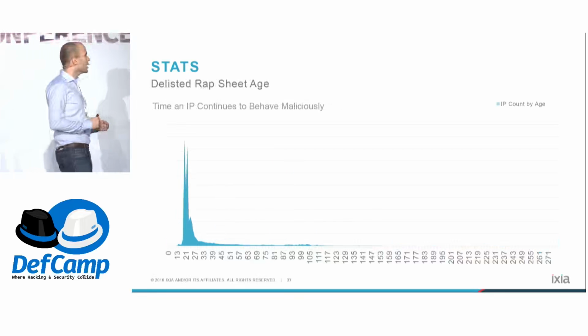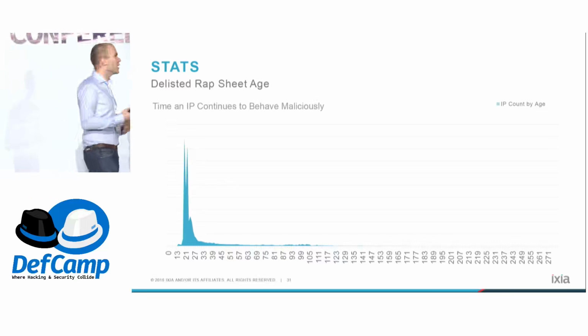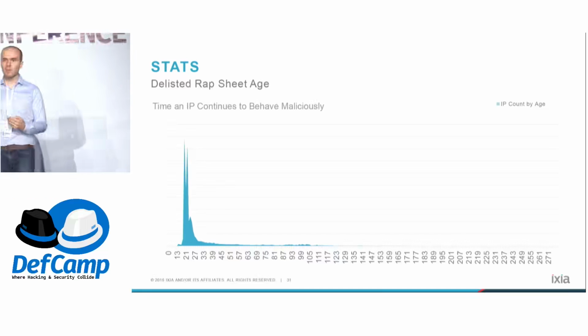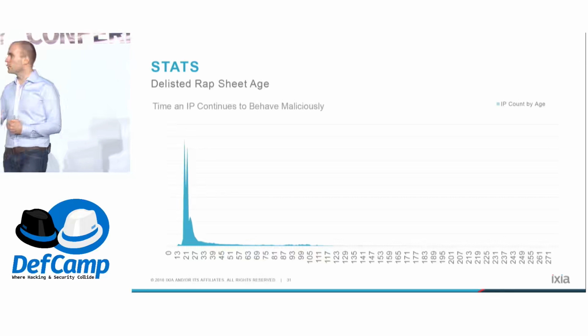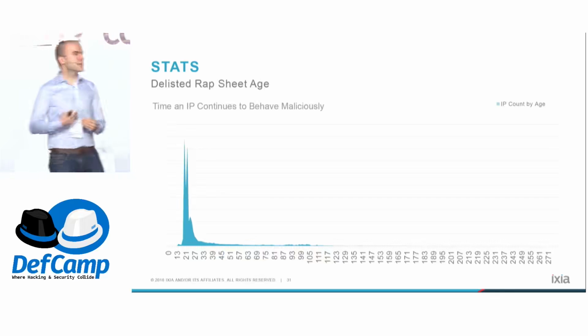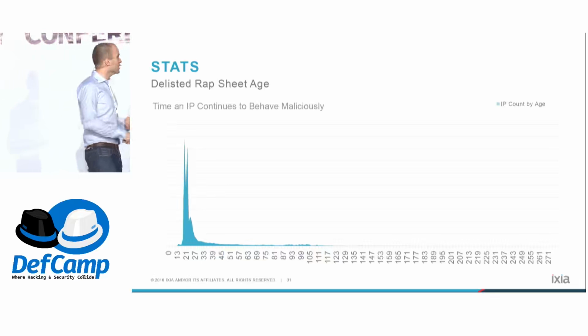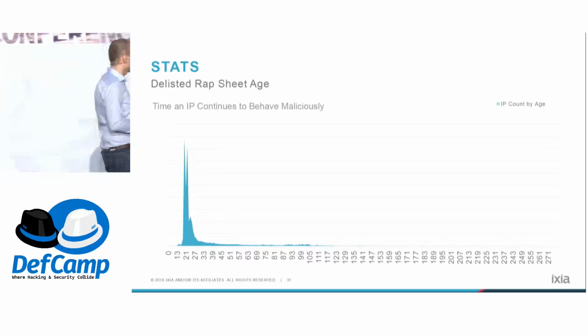Another stat over here is the delisted IP distribution. These are basically IPs which were active at one point in time, and then they became inactive. There's nothing malicious there anymore. As you can see, most of them tend to get delisted after around 30 days.